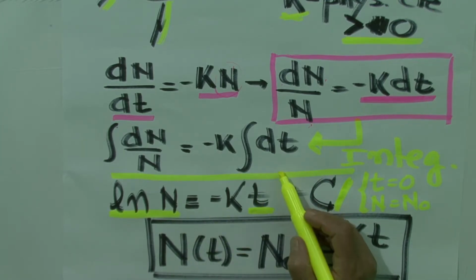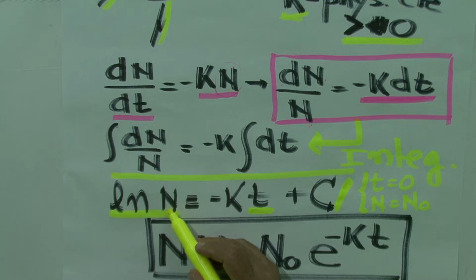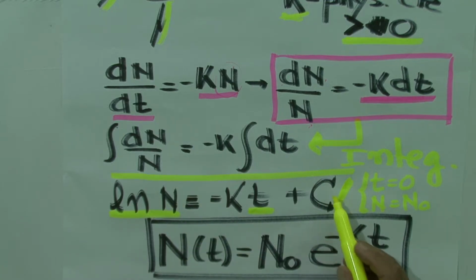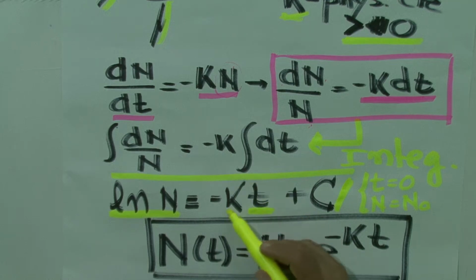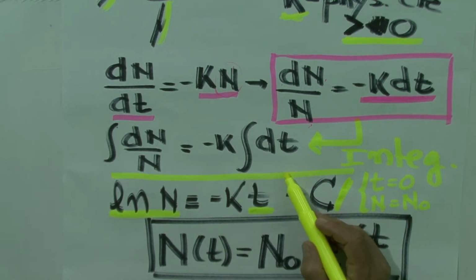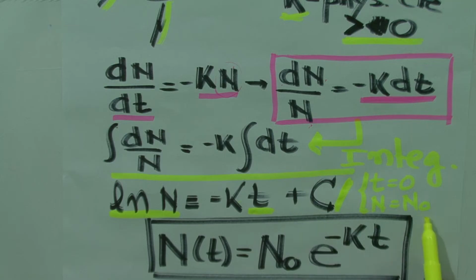So when I make this equal to 0, this is n0, therefore c is the logarithm of n0. Because if I take this out, at t equal to 0, this disappears, and then n becomes n0, which is the initial number. So by doing that, I discovered that this constant is the logarithm of n0.